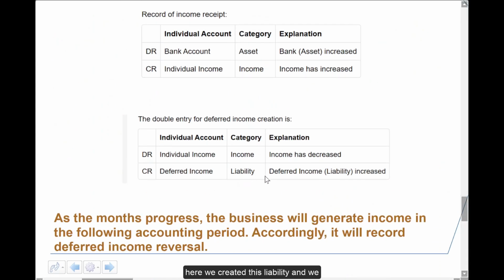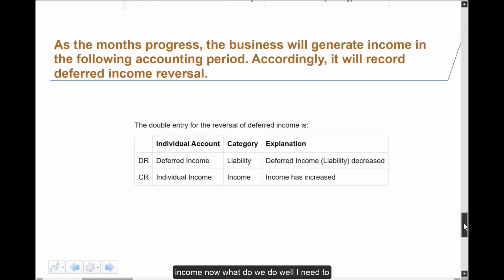We created this liability and we said we've got to do this because this income is relevant to the next accounting period. We credited deferred income. Now, what do we do? Well, I need to get rid of it. Debit it. Therefore, it's gone. And in terms of the entry, credit individual income. So income has then increased. The income is now in the right period, as opposed to being a liability waiting to be used up.